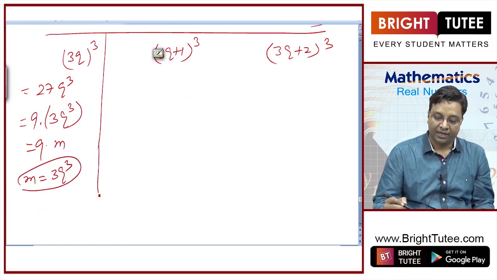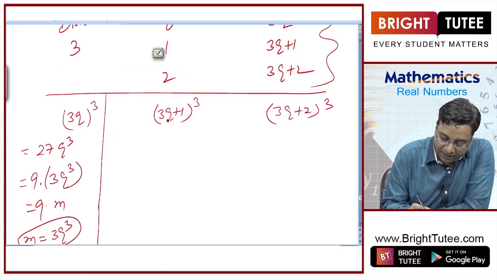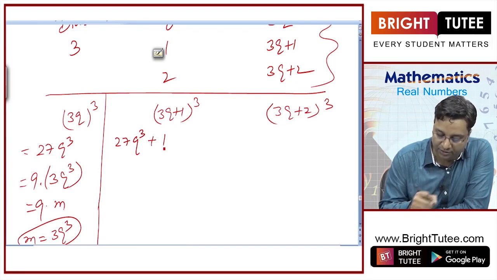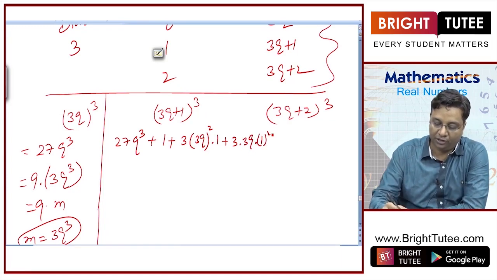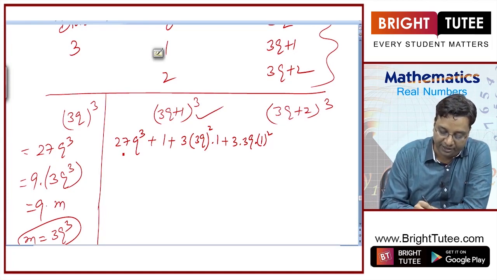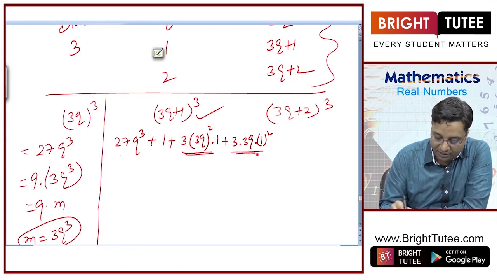Okay. Let us look at this number here. Cube of this: a cube, 27q cube, plus b cube, that is 1, plus 3a square b, so 3q square into 1, plus 3ab square, 3q into 1 square. So, this is the cube of this number, right. Now you see 9 can be taken common from this, this and this term.